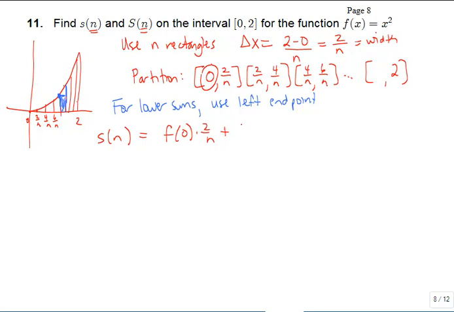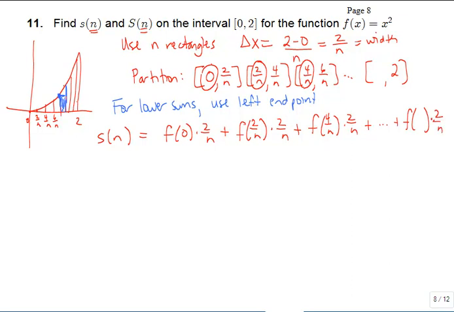Then the second rectangle is going to use its left endpoint, 2 over n, times its width. Then the third rectangle uses its left endpoint, 4 over n, times its width, all the way up to this very last one, which I didn't even write down, times 2 over n.